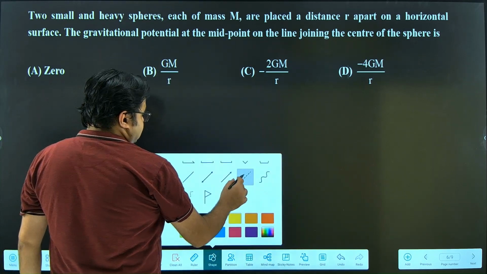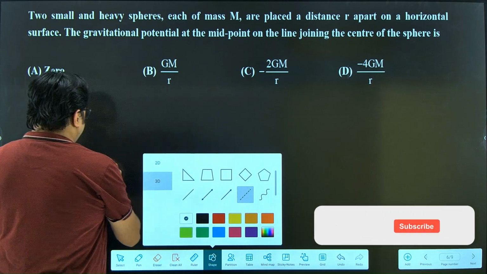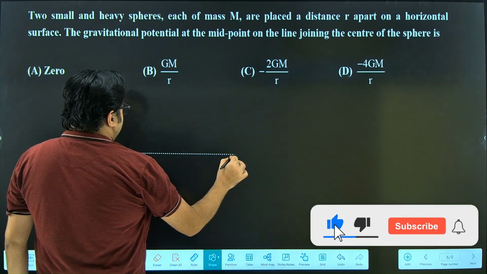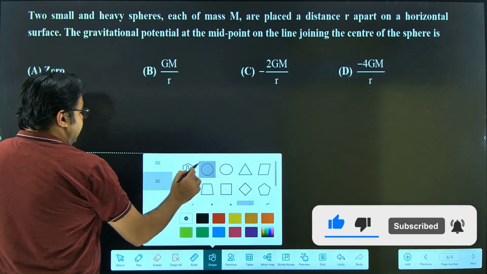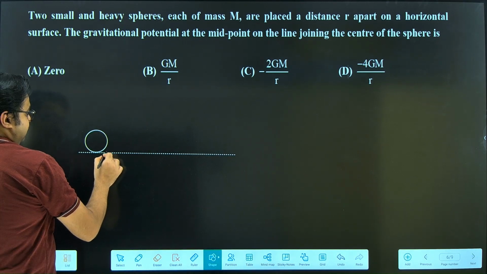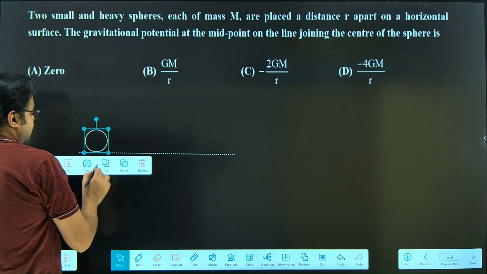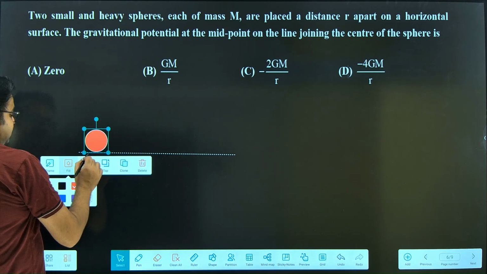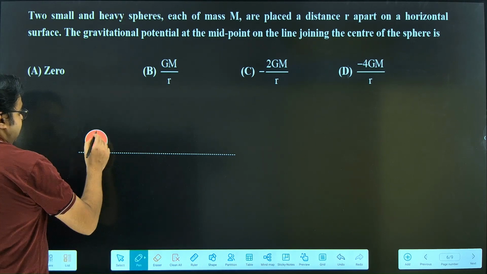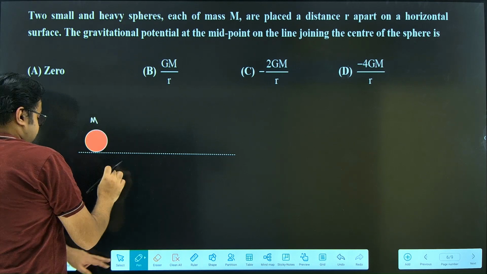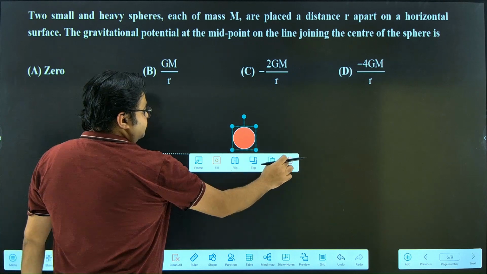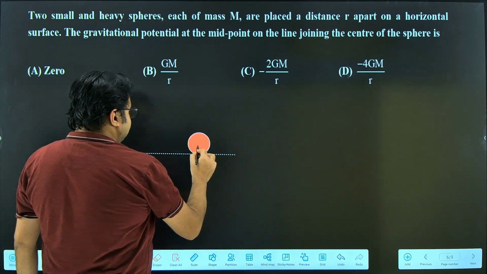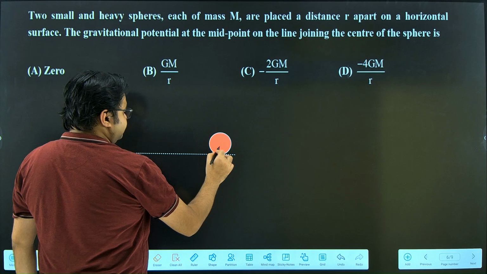Well, my dear friends, let's assume that we have a horizontal floor. So here is a horizontal floor, and let's say I have the first body here. The first body is of mass capital M, and we have another body exactly like this one lying on the floor.